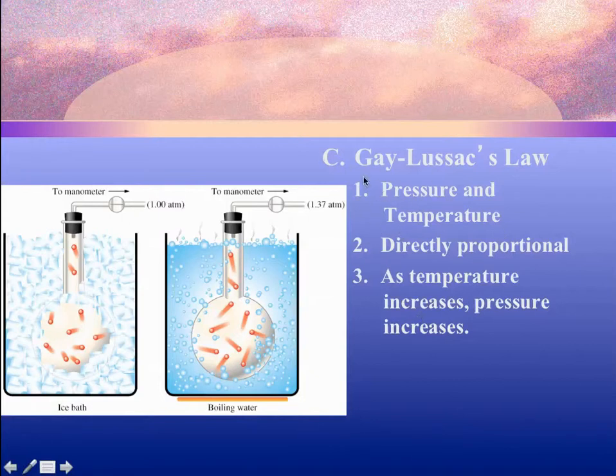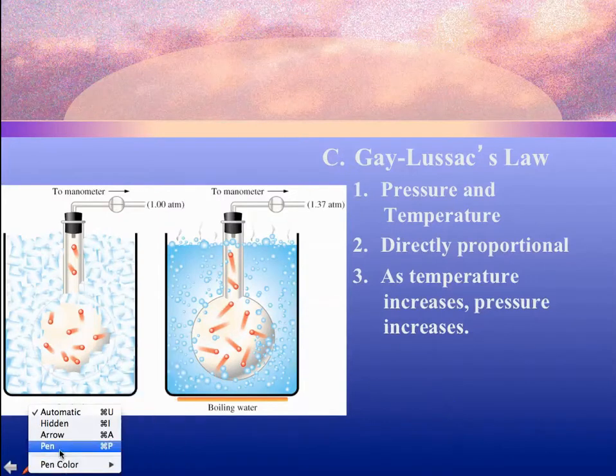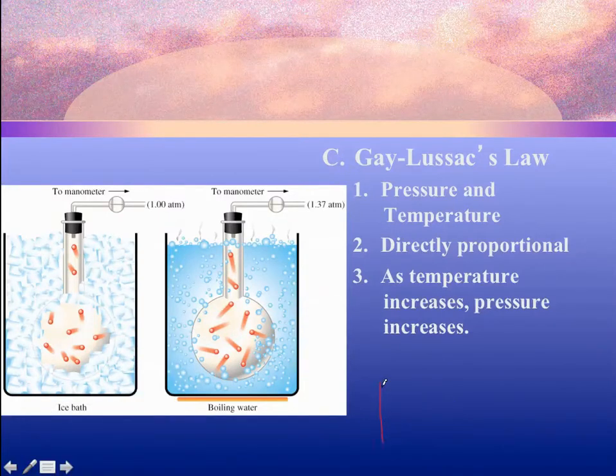So TPing, as in toilet papering someone's house, makes you happy and gay. So Gay-Lussac's law: pressure and temperature. We also know that pressure and temperature are directly proportional. So as you increase pressure, you increase the temperature, or vice versa. So if you increase the temperature, you increase the pressure.